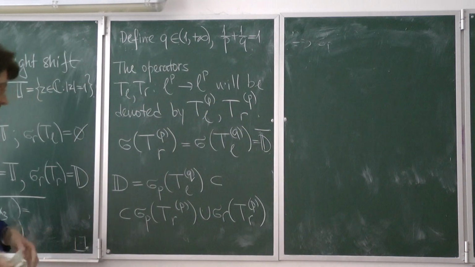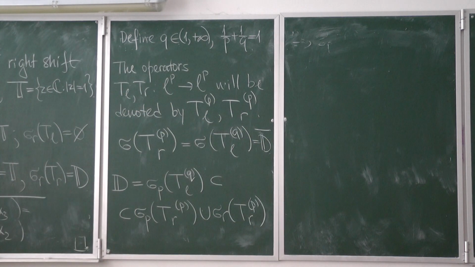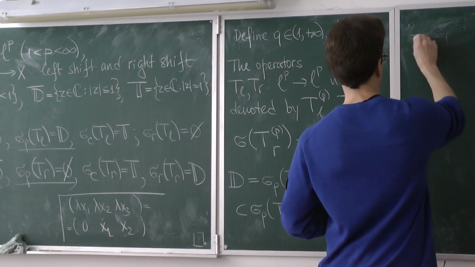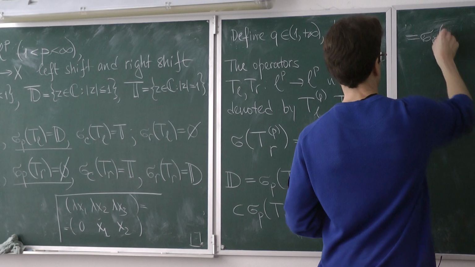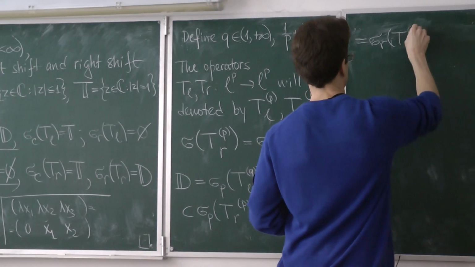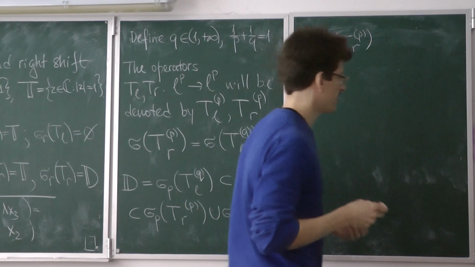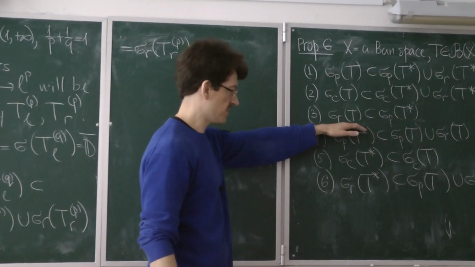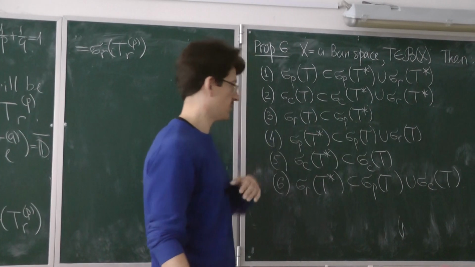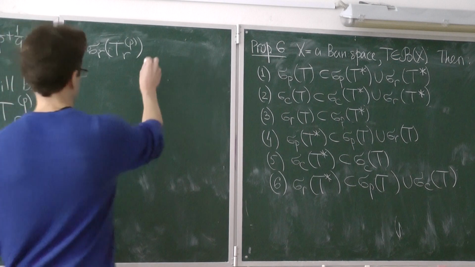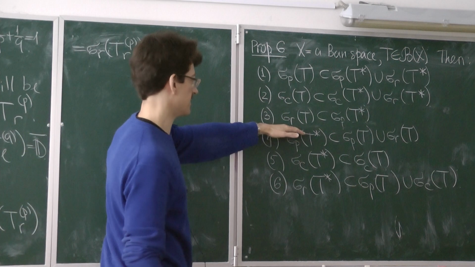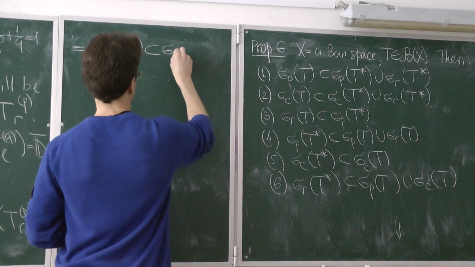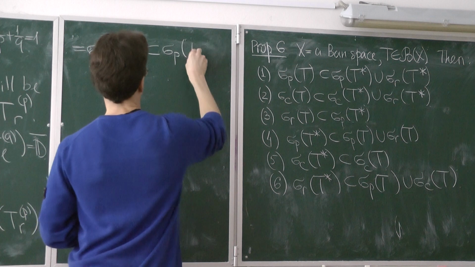Okay, but we know that the point spectrum of the right shift operator is empty. So this is the residual spectrum of the right shift operator on LP. And the residual spectrum of the right shift operator on LP is contained in the point spectrum of the left shift operator on LQ. This is part 3 of our proposition. This is contained in the point spectrum of the left shift on LQ.